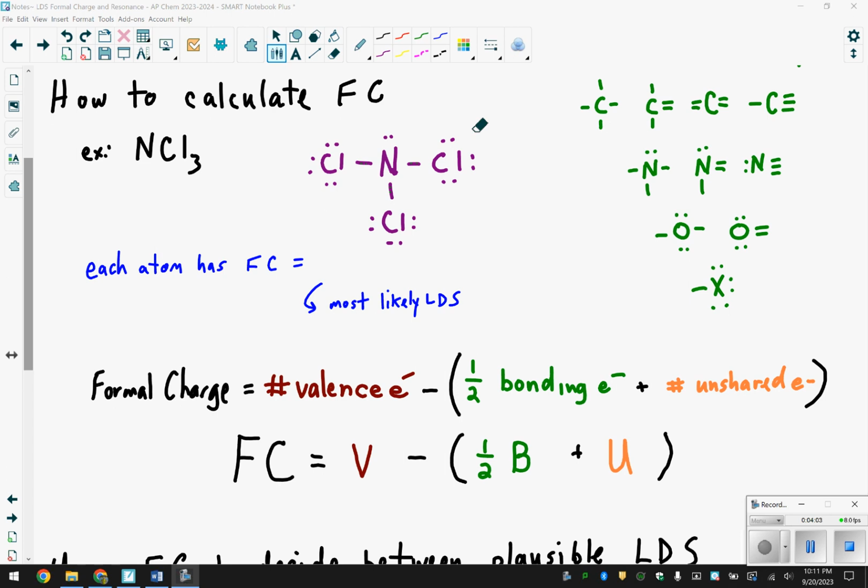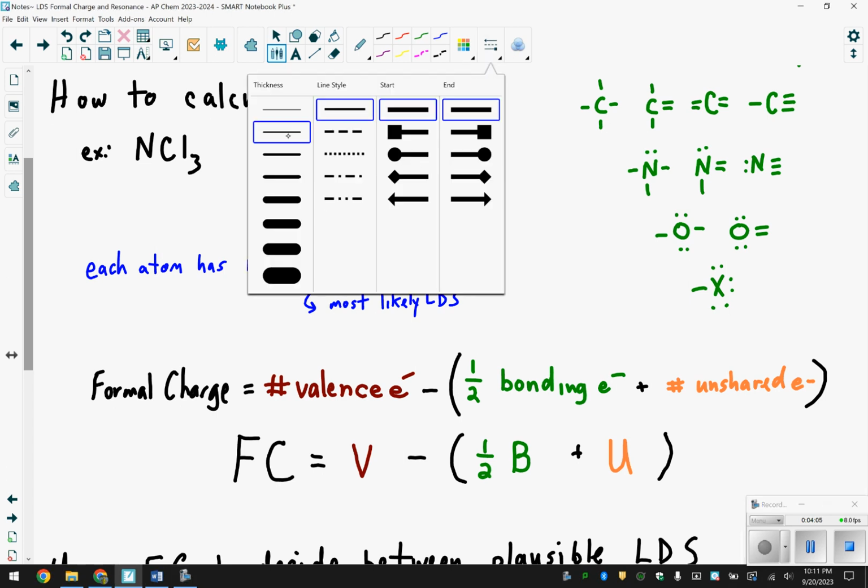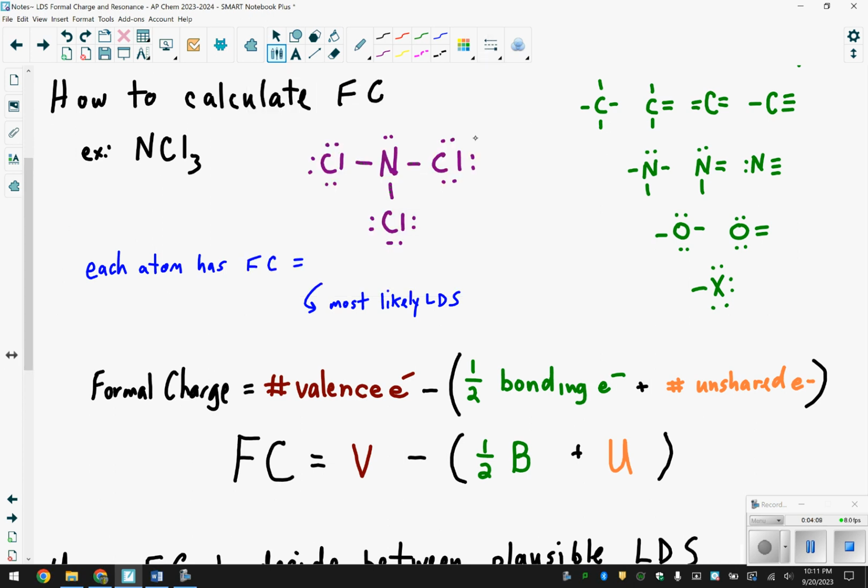Now let's go through that for NCl3. Let's look at this chlorine here first. And here's kind of how you typically do it, guys. You draw a little arrow and you say, well, chlorine starts out with 7 valence electrons before it's bonded. There's 2 electrons in here, but I'm going to subtract from that half of that number of bonding electrons around here, so 1.